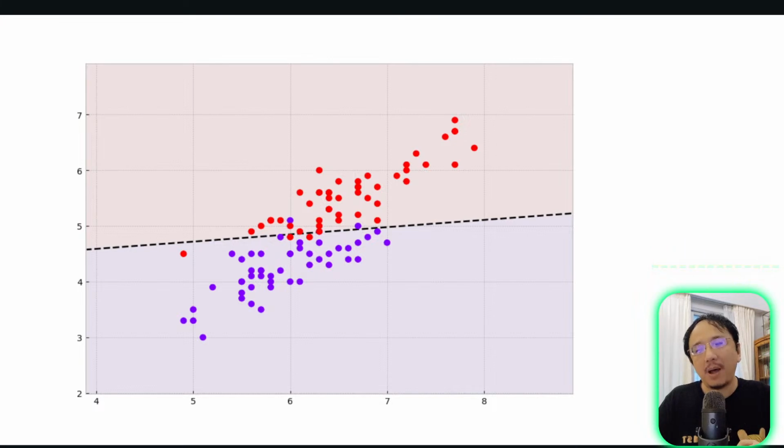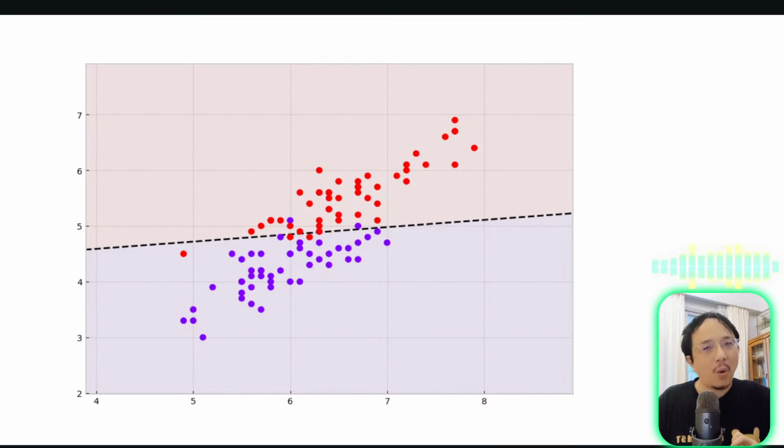One apparent issue is: what if we cannot find a straight line that separates these two classes? This situation is what we call linear inseparable. If we can find a straight line that separates these two different classes, then we call this case linear separable.